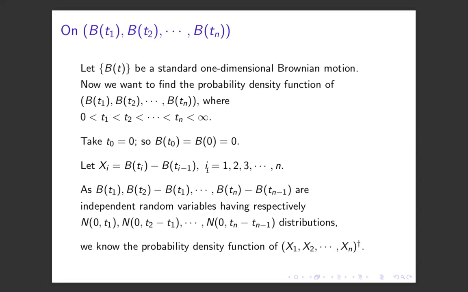So for i equal to 1, 2, 3, ..., n, you take xi as Bti minus Bti-1. So xi is the increment of the Brownian motion in the ith interval.